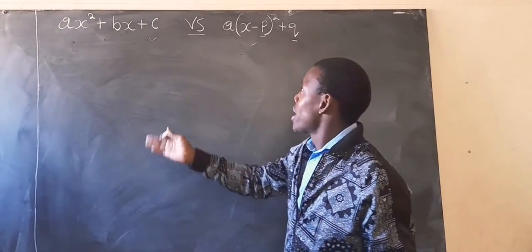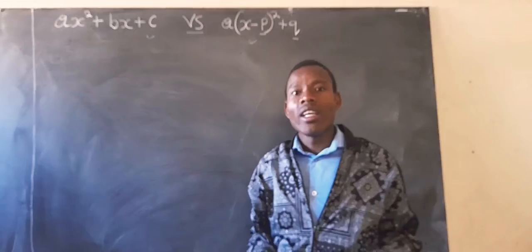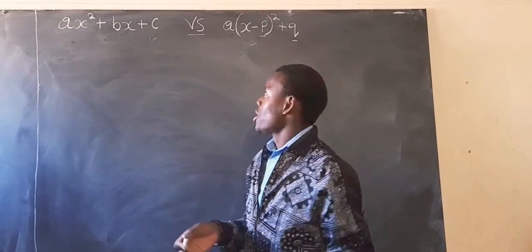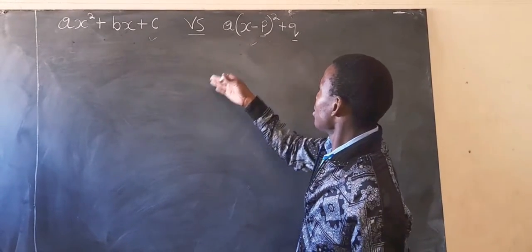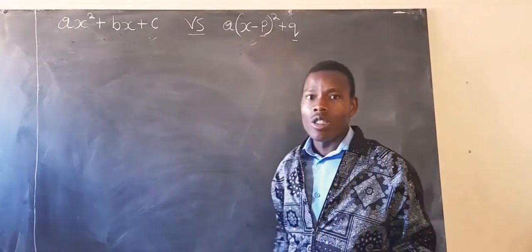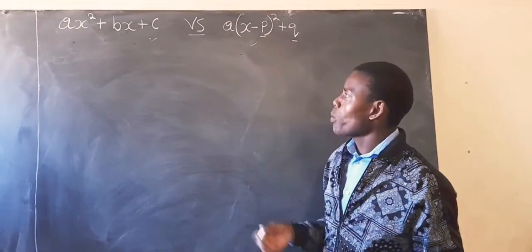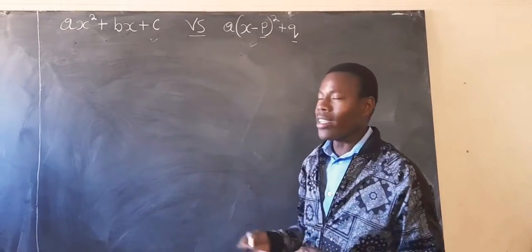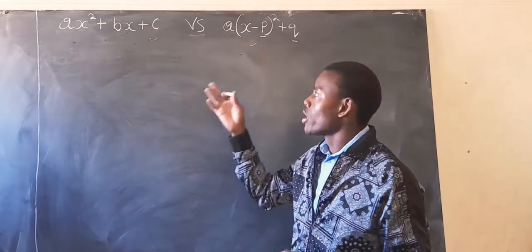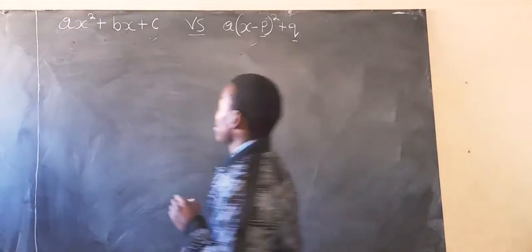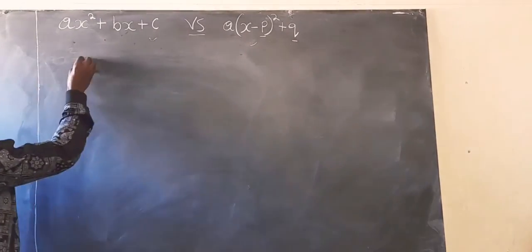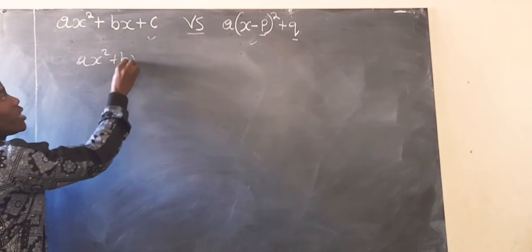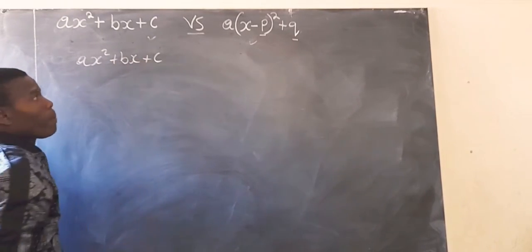It would be better if we have a, b and c only in our one equation than to have a, b and c, as well as q and p. Now I just want to generate formulas that are going to combine the relationship between these two forms. For example, I just want to write ax squared plus bx plus c.